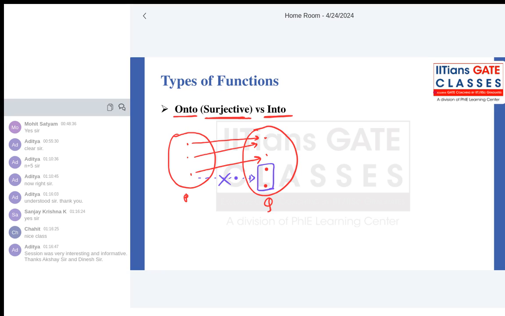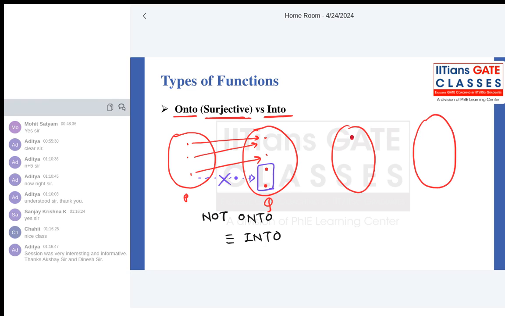So if such a thing happens, then this function is not an onto function. Basically, this is equivalent to saying this is an into function. And if you want to define onto functions, using the same notation, it means that all elements in your set q, which denotes the range, should be mapped by some element in x, or your domain.